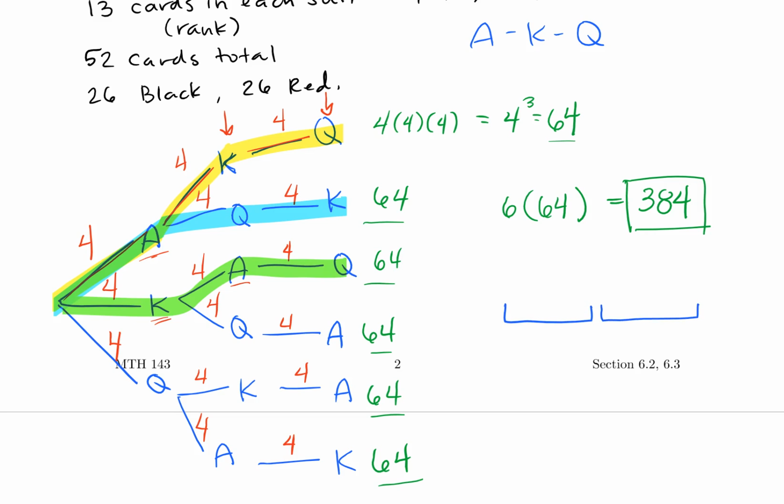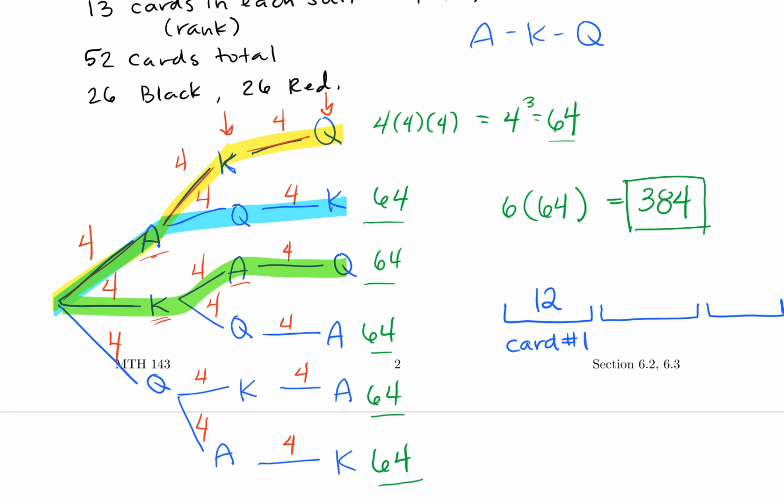I have 3 cards that I'm going to draw total. How many options are there for my first card? Well, card number 1 could be an ace, it could be a king, or it could be a queen. So there are 4 aces, 4 kings, and 4 queens. So there are 12 options for card number 1.